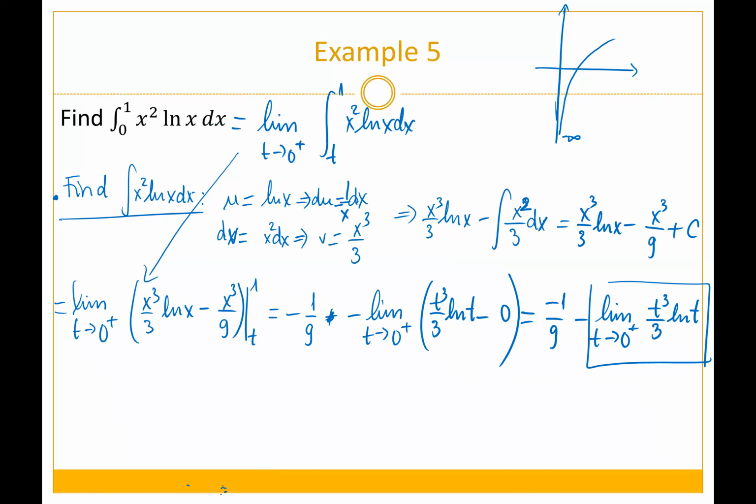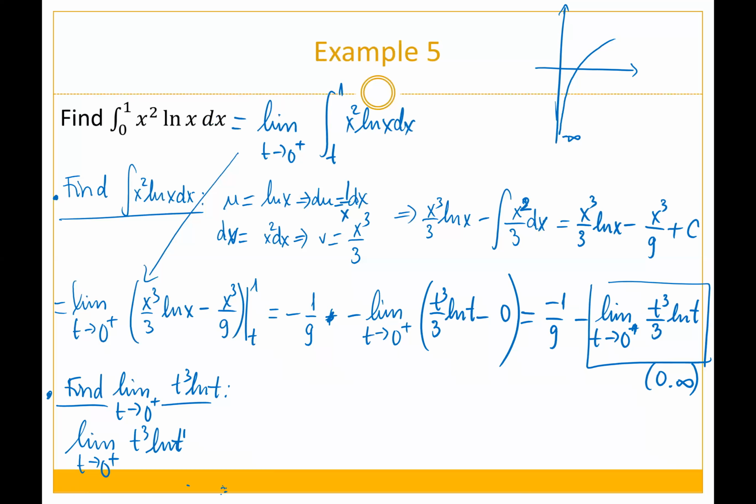Now, looking at this part only: when t approaches 0 plus, you have 0 multiplied by negative infinity. So this is an indeterminate form. The second small step here is that you have to find the limit of t approaching 0 plus of t cubed ln of t. Here you have a product, so this is now using the material from the previous section 6.8 we just learned.